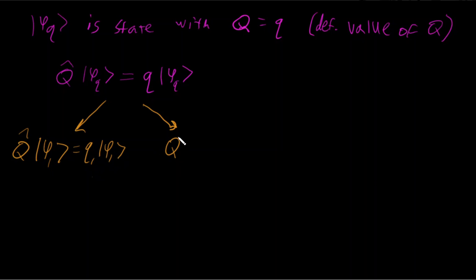But q hat acting on phi 2 is going to give us q2 times phi 2, right? And we're assuming q1 and q2 are not the same, because then these wouldn't be distinct state vectors. They'd be referring to the same state. And this also holds for the third state, the fourth state, however many states there are.